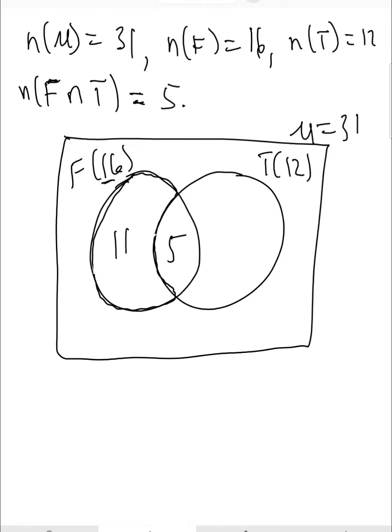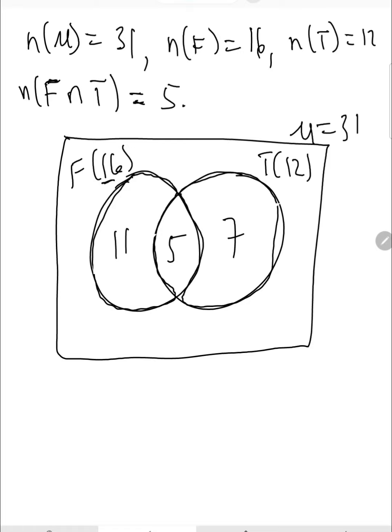So we write 11 there. In the same way, those who play table tennis, out of the 12, 5 play both games. So those who play table tennis only, which represents this portion, will be 12 minus 5. We know 12 minus 5 is equal to 7.